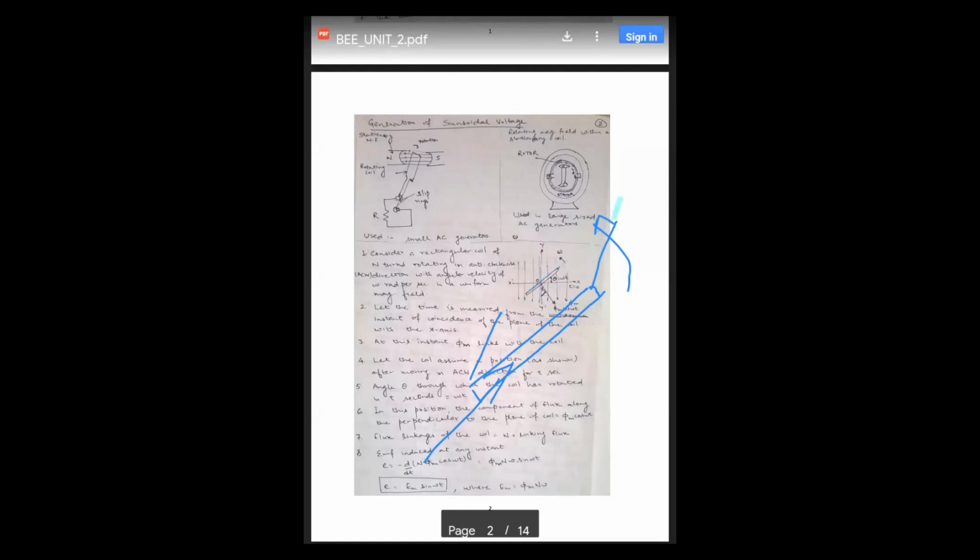Its direction is taken as anti-clockwise, and speed is omega radians per second, which is the angular velocity. Why have we taken the anti-clockwise direction?